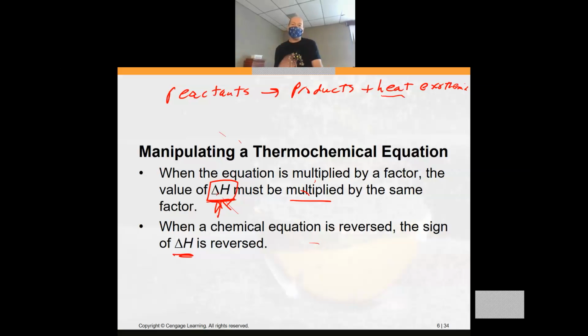If you reverse that reaction, it's hard to do it this way because you're not going to write reactants on the right and products on the left. But if you reverse it, then you have heat as a reactant going to products. Even when you reverse it, anything on the left side of the arrow is called the reactants, and anything on the right is called the products.